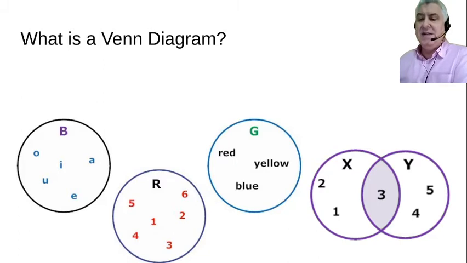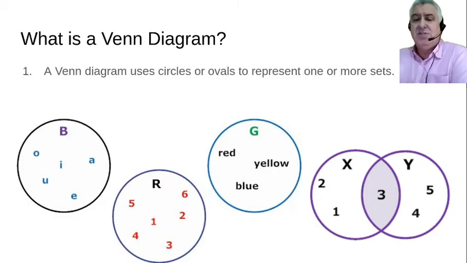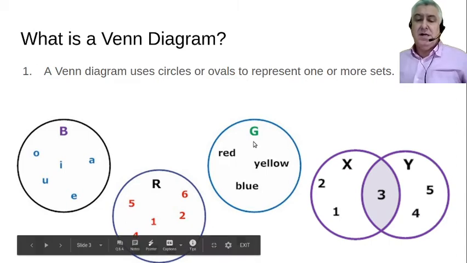So what is a Venn diagram? I'm sure you've seen them, and we'll talk about maybe some ways that you've seen them before in some classes. But a Venn diagram generally has circles, and we draw circles or ovals, and we label the set at the top.